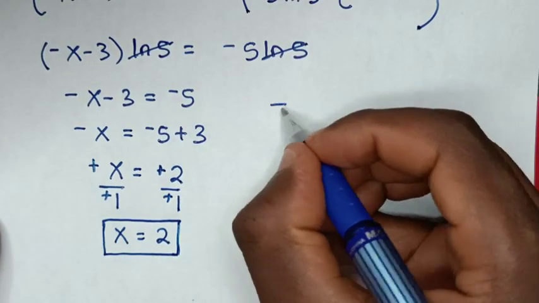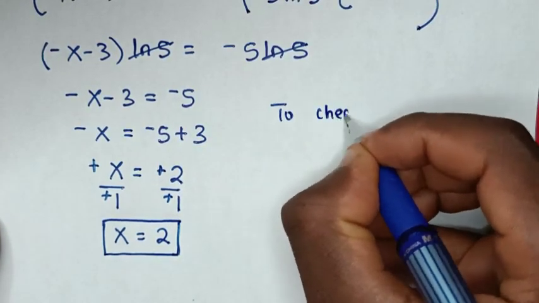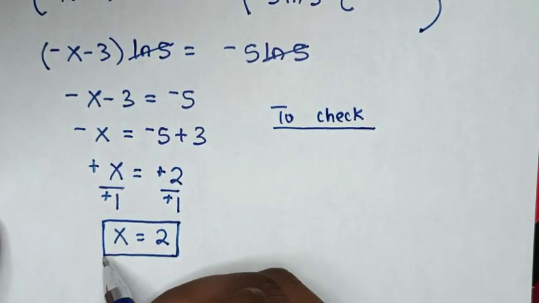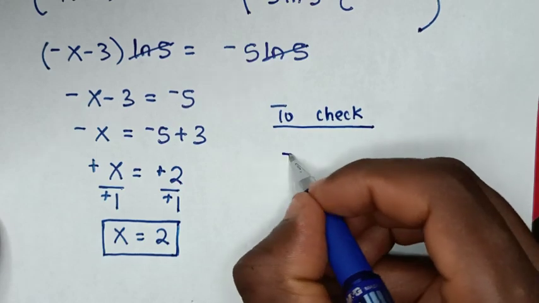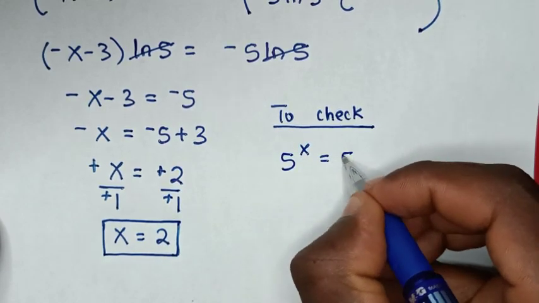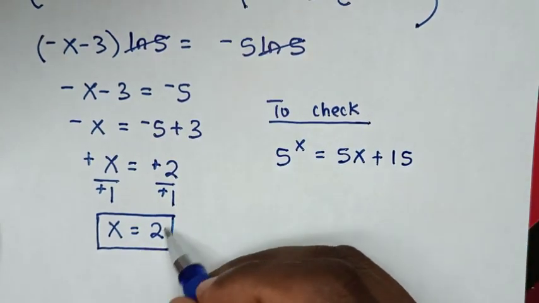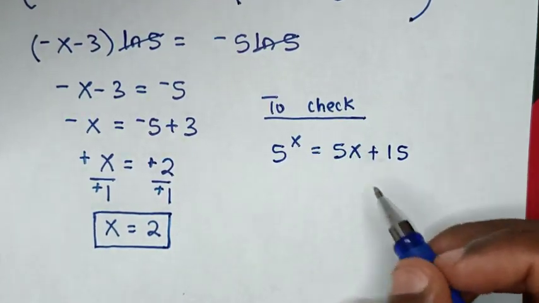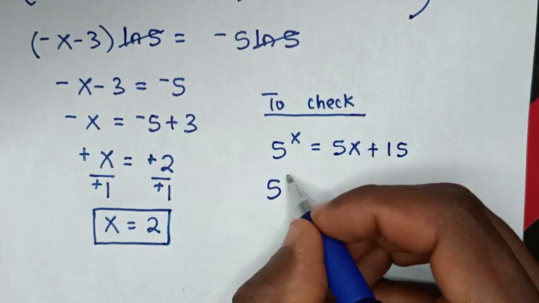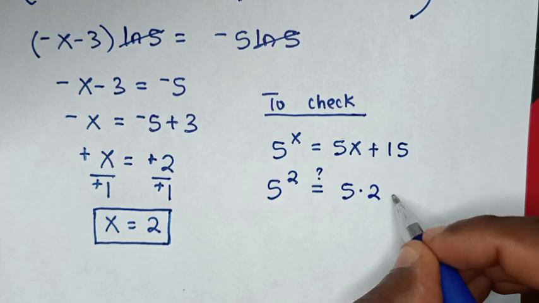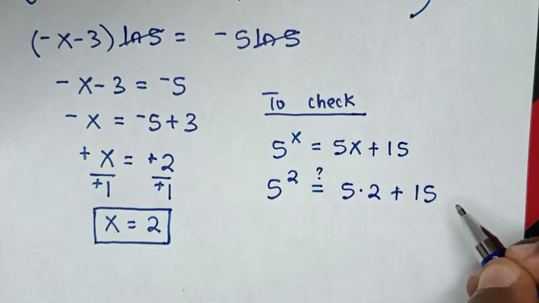Now to check from our problem if the value of x is correct, our problem is 5 to the power of x is equal to 5x plus 15. We substitute the value of x, which is 2, into these positions of x, so it will be 5 to the power of 2 is equal to 5 times 2, then plus this 15.